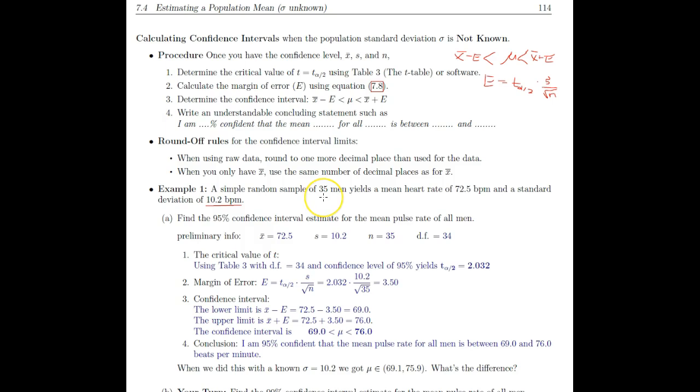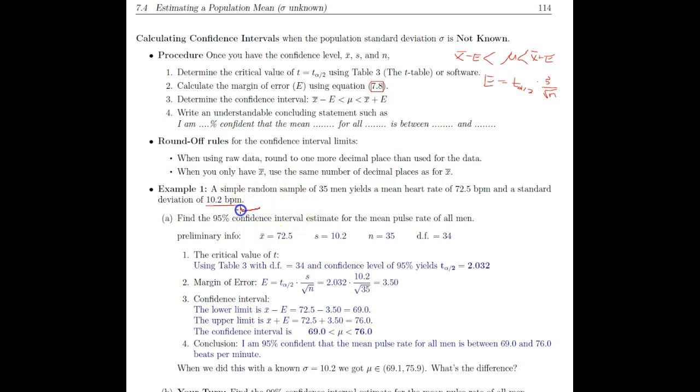Think about that for a moment. Well, I think it would be a sample, because it says the simple random sample of 35 men yields this mean heart rate and this standard deviation. So these are both yielded from your sample. Okay, so it's not explicitly stated that it's a sample, but I think it's pretty clearly implied.